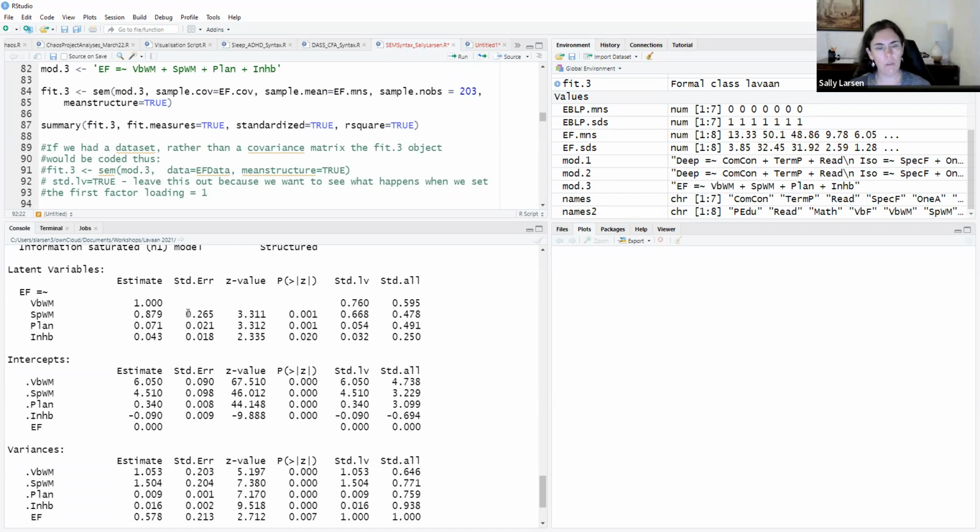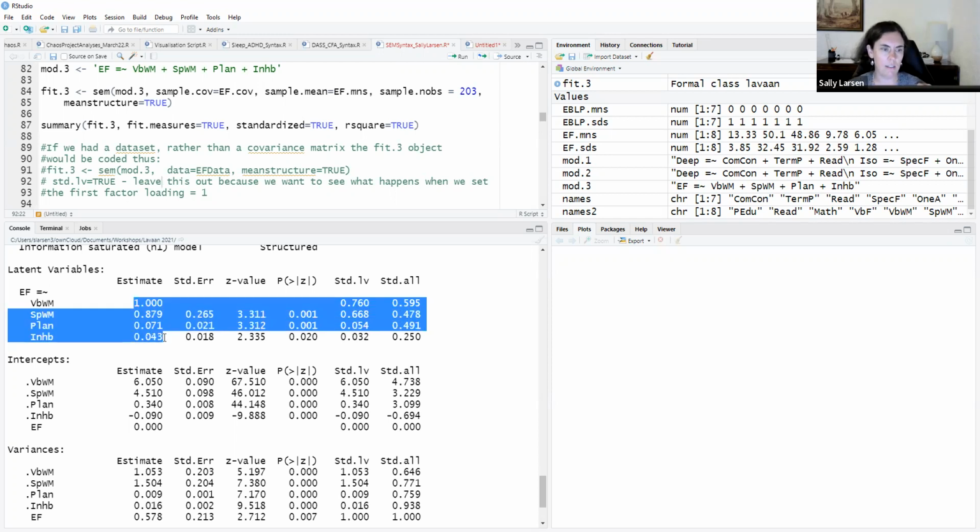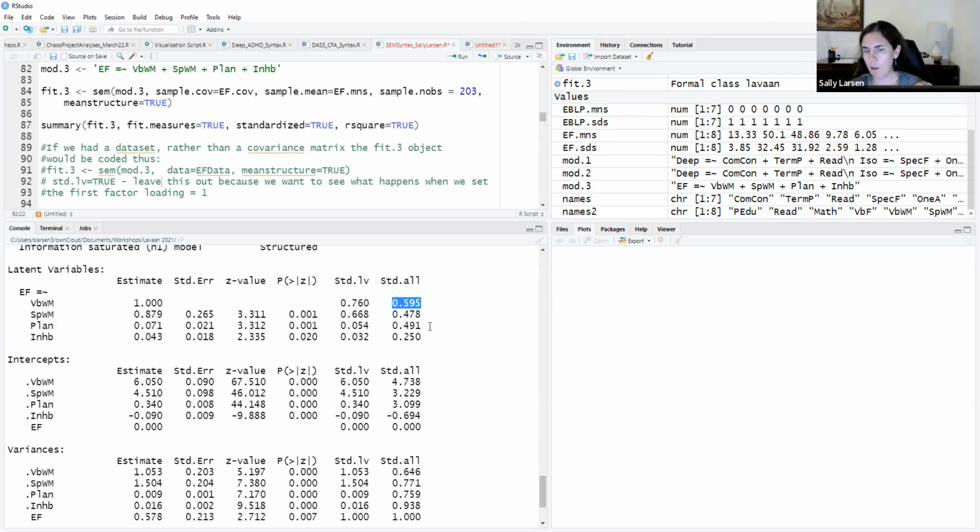But you can look at what happens in both cases here, because these are unstandardized loadings, and the standardized loadings are over here anyway. So you can see the strength of the loading of each of these variables on that executive functioning factor. And you can see here that this inhibition one isn't particularly good.